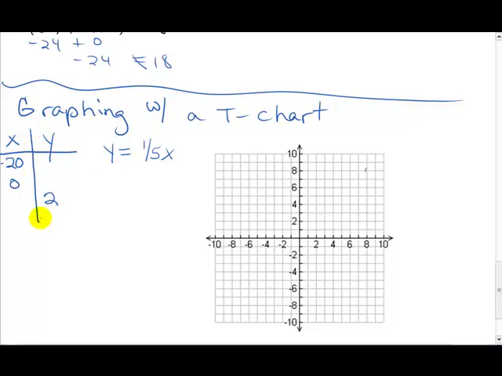So that means I have to do this equation 3 times, twice replacing x and once replacing y. So y is 1/5 times, and the first one is -20. So y equals -4.